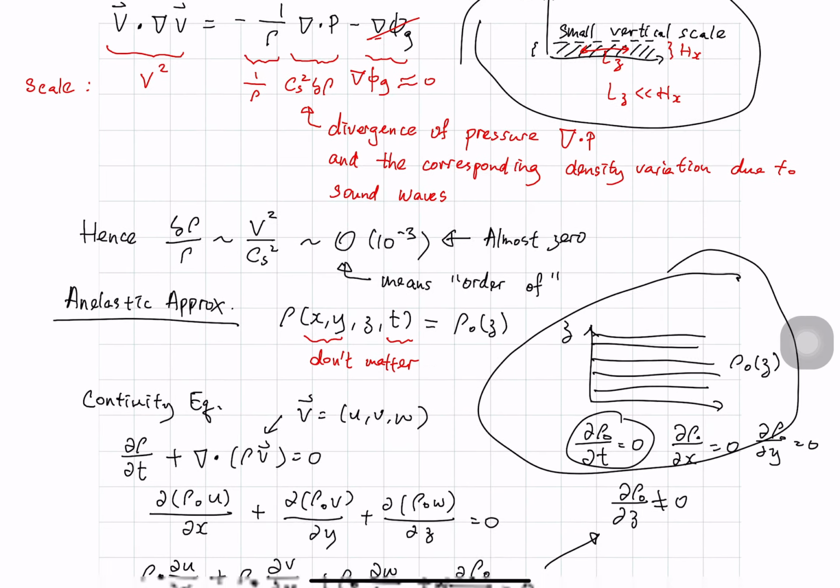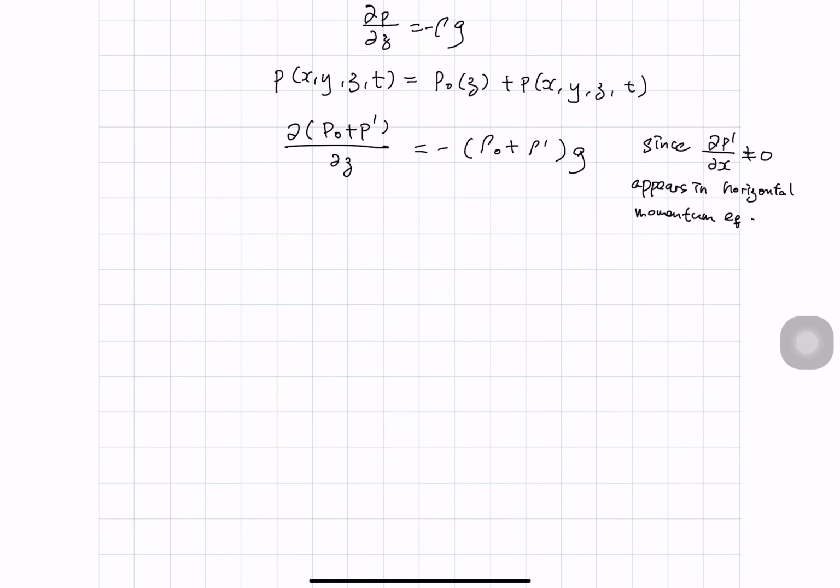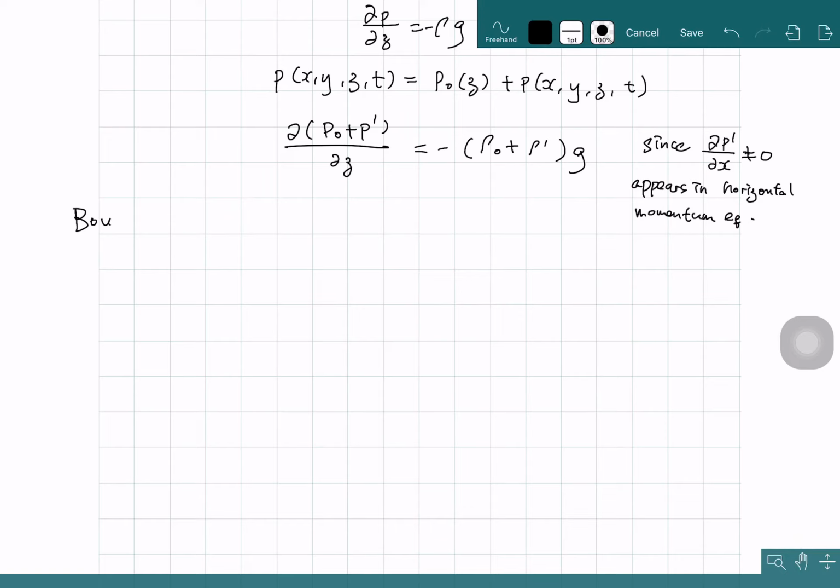I have put all the math in the slides, so I can draw you a simple graph for this. When does this Boussinesq approximation work?